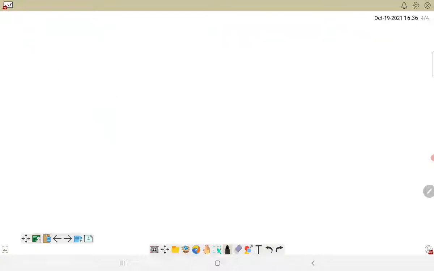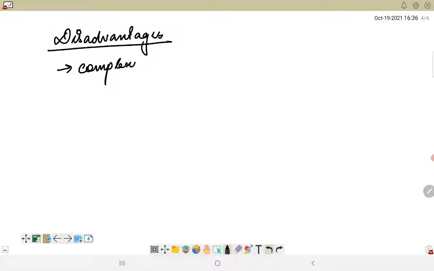However, there are certain disadvantages also. The first is complexity in implementation, because it is difficult to implement. The second is that we definitely have to know about the goal node.